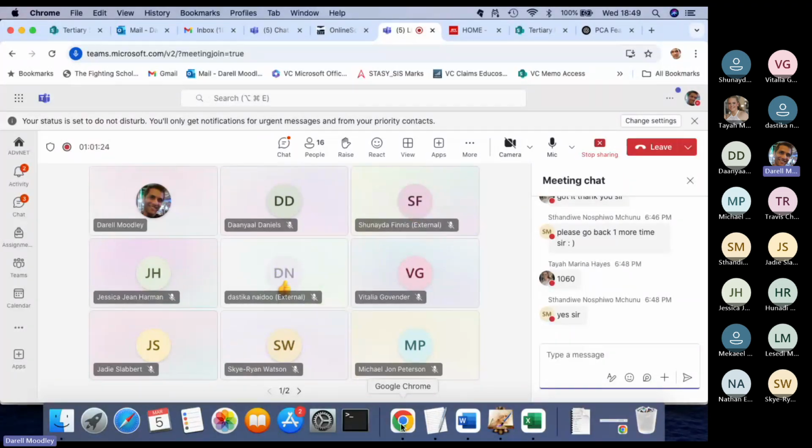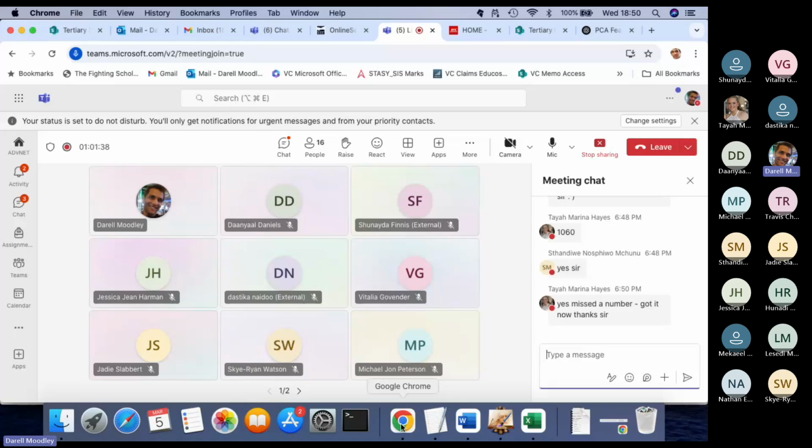Do you want me to go back? Thanks, Sasika. Sandiva, you captured the data, and I think it's just the question of how to get the average. Okay, Taya, good. So at least this is the mistake in capturing the data. Sandiva, where do you want me to go back to? Do you want me to go back to how to get the average or how to capture the data?